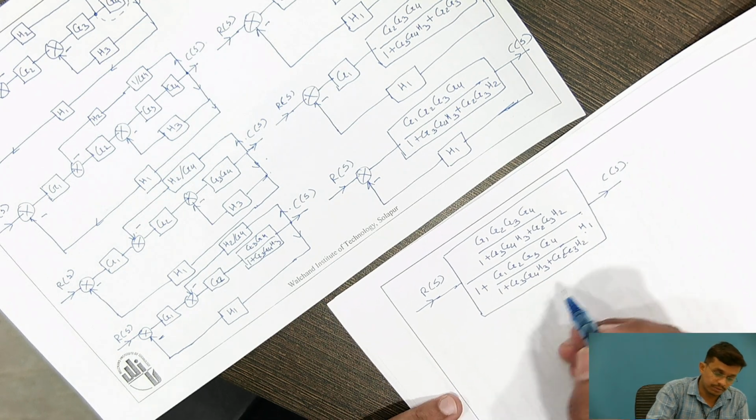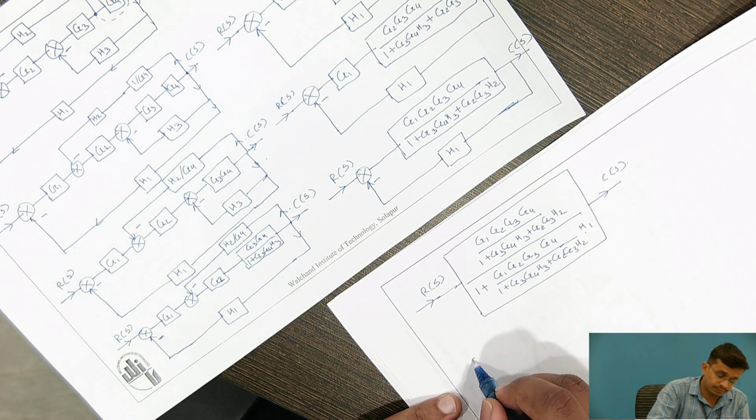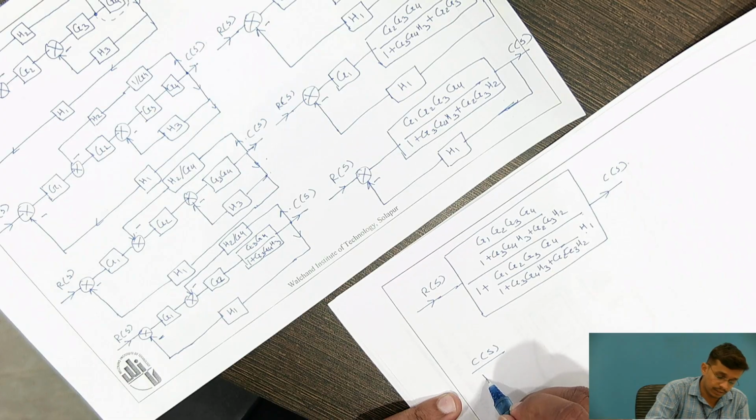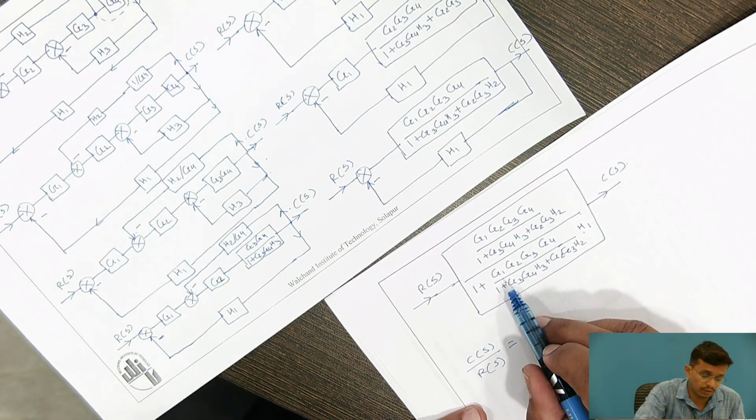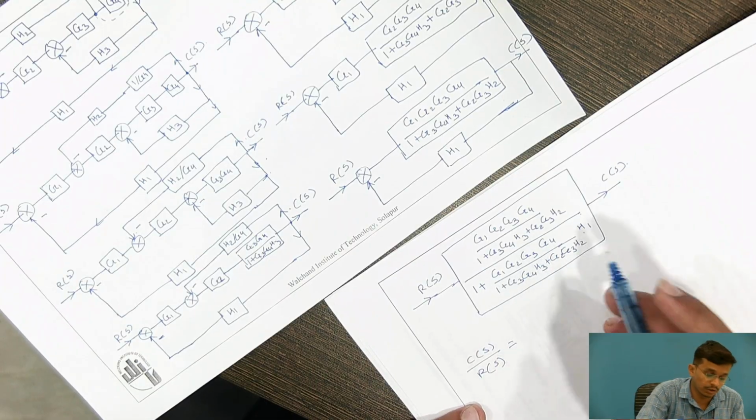After simplifying this, what we get is C(S) by R(S) equals, now we will take the cross multiplication and cancel the denominators here.